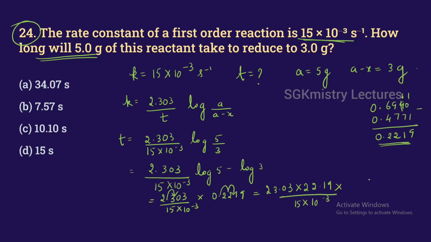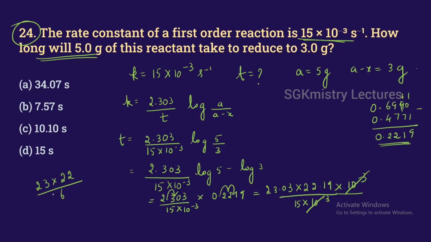Here I have totally shifted 3 points, so 10 to the power of minus 3 cancels. Instead of going into decimal points in detail, here we have 23.03 and 22.19. I'll directly do 23 into 22 to cut down the time required for solving the problem.